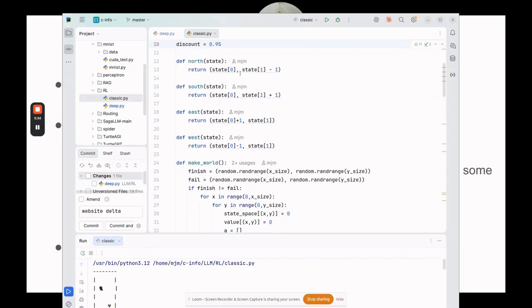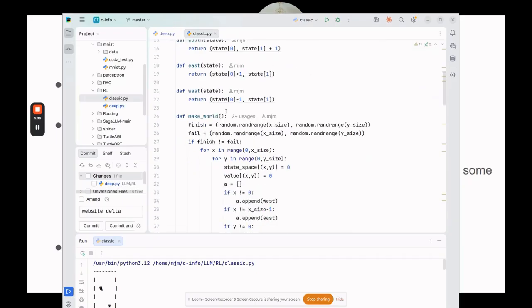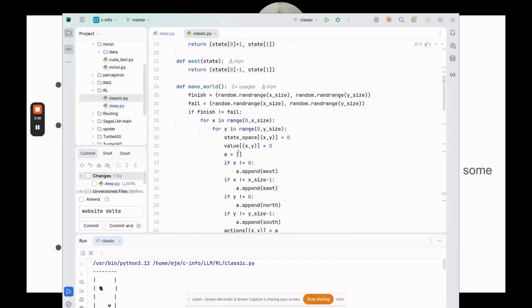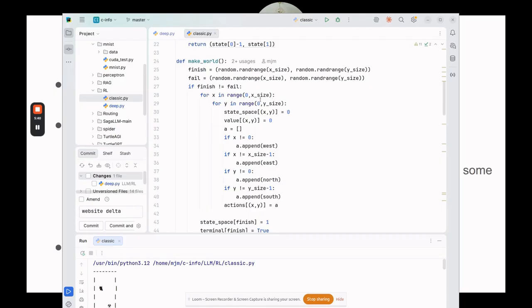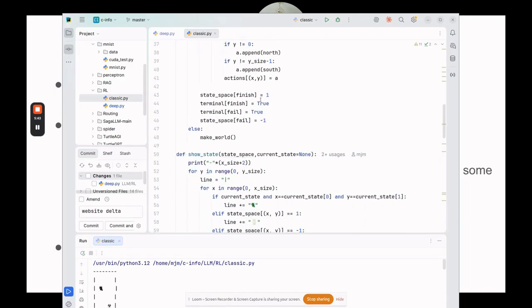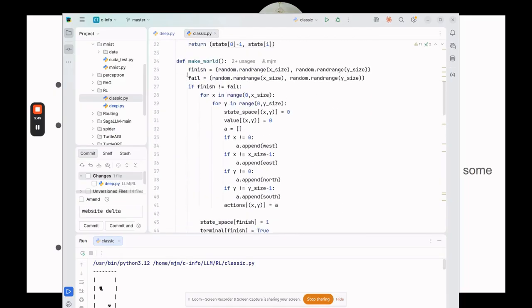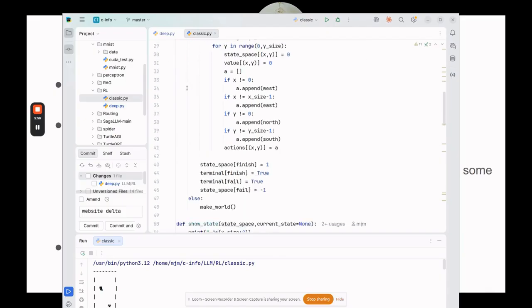These are actually what happens when you perform actions. And here we make the world. We're going to go over the world here, and I'll put in a breakpoint so we can see it. This is basically saying we take a random spot as the spot where there is the milk, and a random spot where there is the poison. So the cat should avoid the poison.